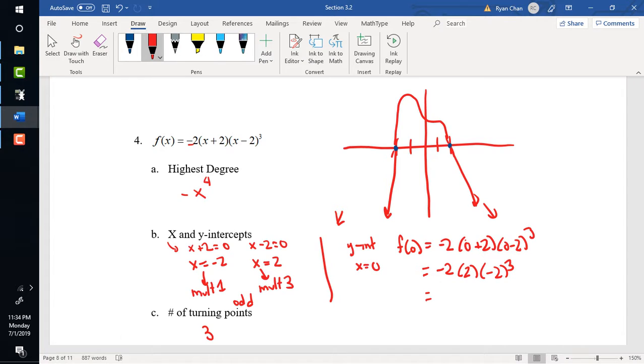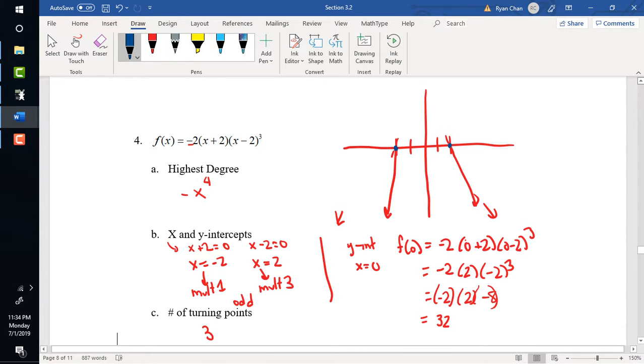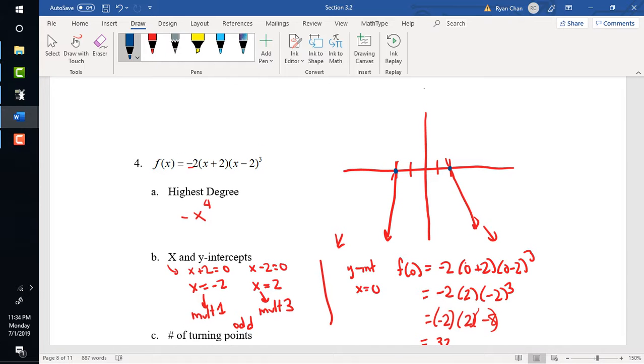So I have -8 times 2 times -2, and that is 32. Okay, so that changes quite a bit. My apologies for that mistake. So (0, 32). I'm going to make an approximate sketch here. Maybe it may look something like this, just a rough guess.